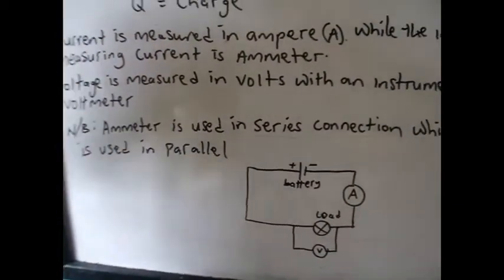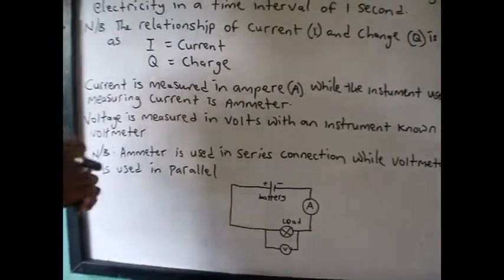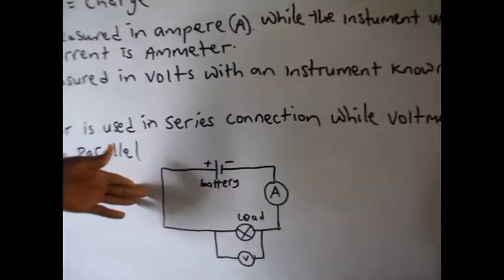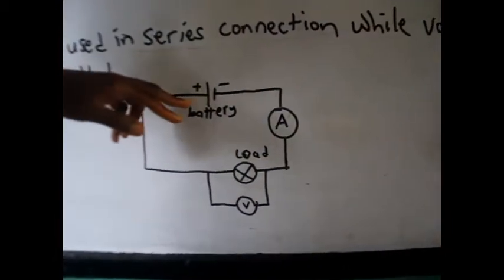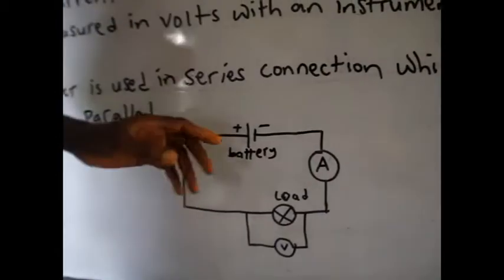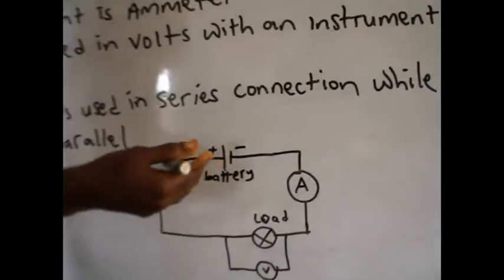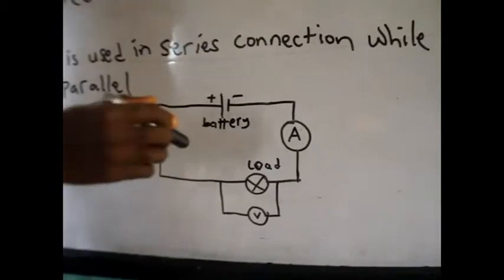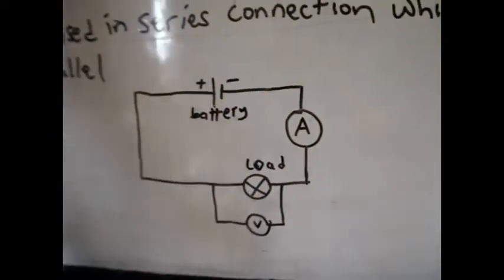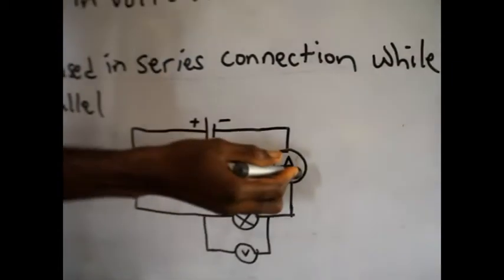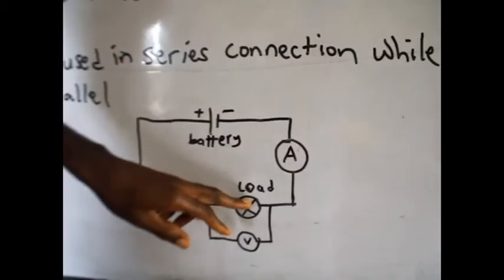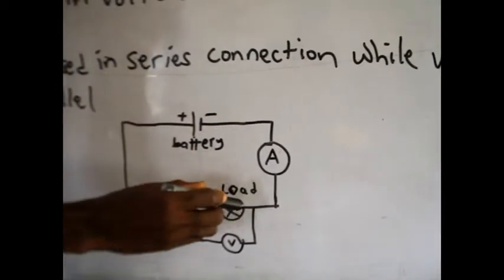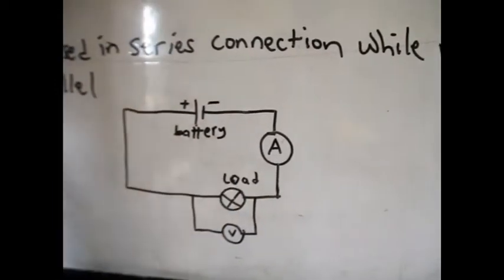That brings us to the 2 types of circuit. Before we get into the 2 types of circuit, I want to show you a circuit diagram here. This is the battery, which we did in our last class. This is how a battery is represented. Don't forget that a battery has a positive and a negative point. This A stands for what? Our ammeter. This is the load, and if you can recall, I told you this sign stands for bulb.